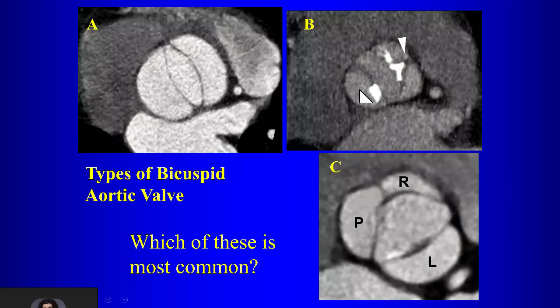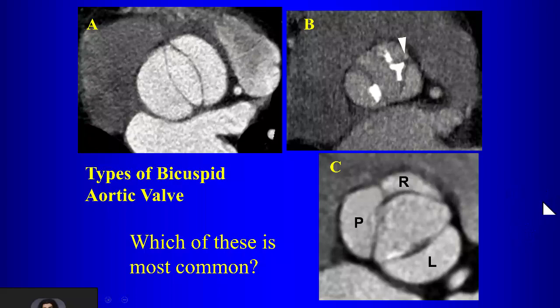Non-coronary, or the posterior leaflet, that's closest to the septum. Which one would this be? Right, and this would be left. So which ones are fused here? The left and right are fused, right. Here we've labeled them for you here. So here, which ones are fused? Yeah, the non-coronary or the posterior and the right here are fused.